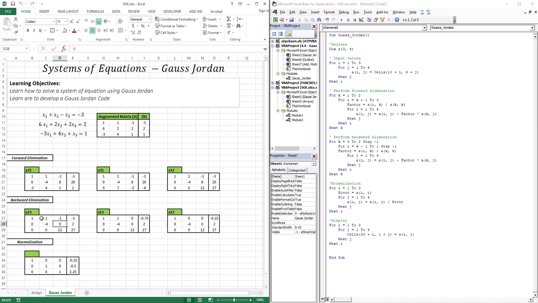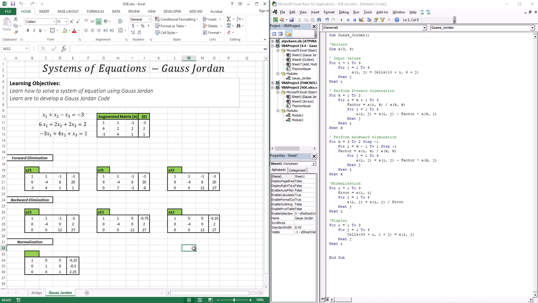After we undergo the backward elimination, the top right corner should look very similar to the bottom left corner. So with forward elimination, we create those two zeros and then this zero, and with backward elimination, we create those two zeros, then this zero.